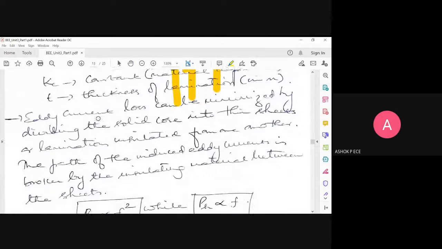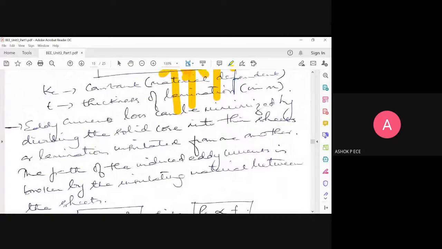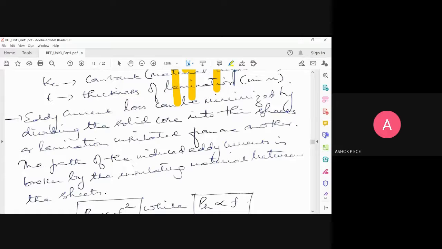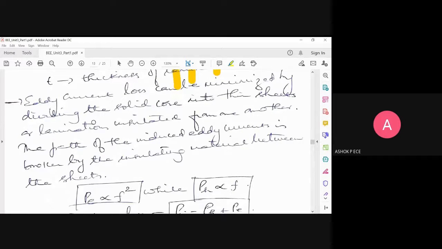And how to minimize eddy current loss? Eddy current loss can be minimized by dividing the solid core into thin sheets and insulating them from one another. So if you are going to use a solid core, divide them into thin sheets and insulate them from each other so that there will not be any closed loop for current to flow. You can reduce the eddy current.